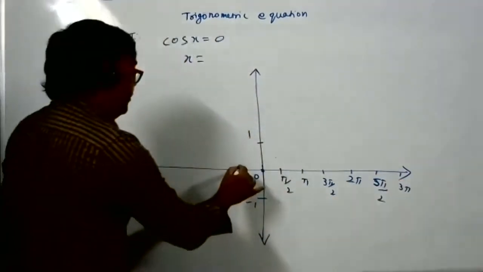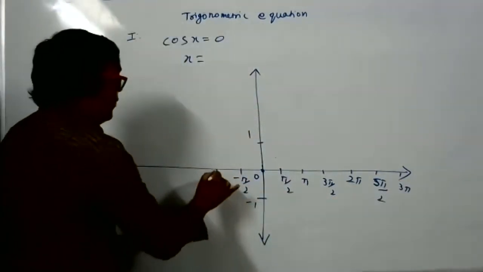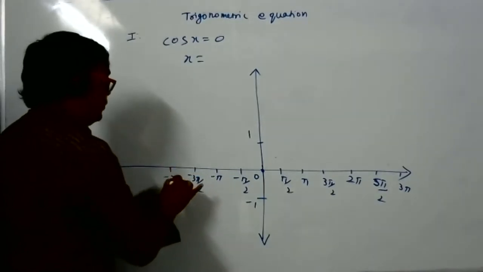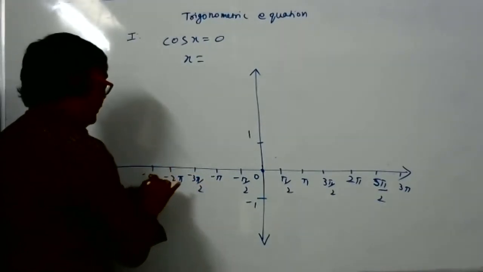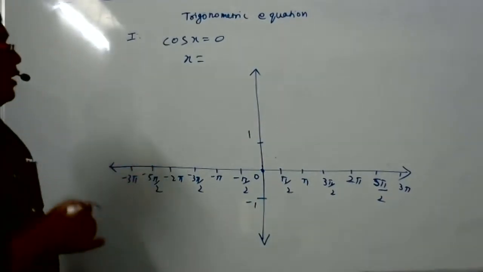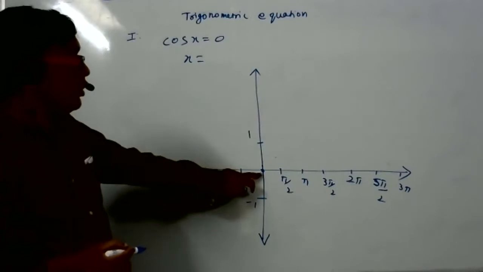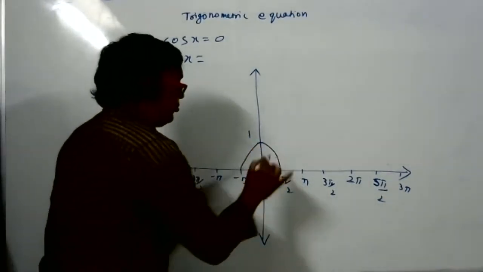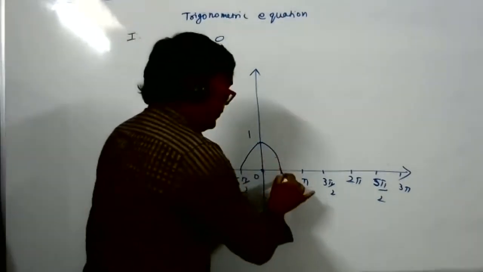And on the left-hand side, minus pi by 2, minus pi, minus 3 pi by 2, minus 2 pi, minus 5 pi by 2, minus 3 pi. Now, in the graph of cos x, cos 0 is 1. So the curve's position will change this way, and then it will be continuous.